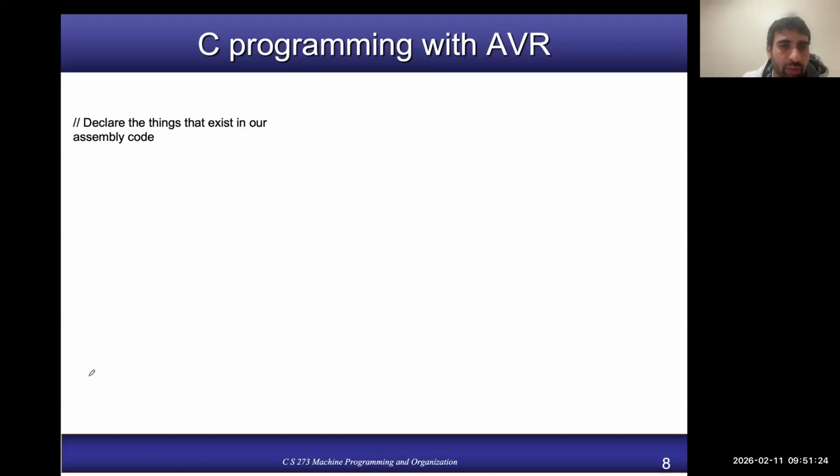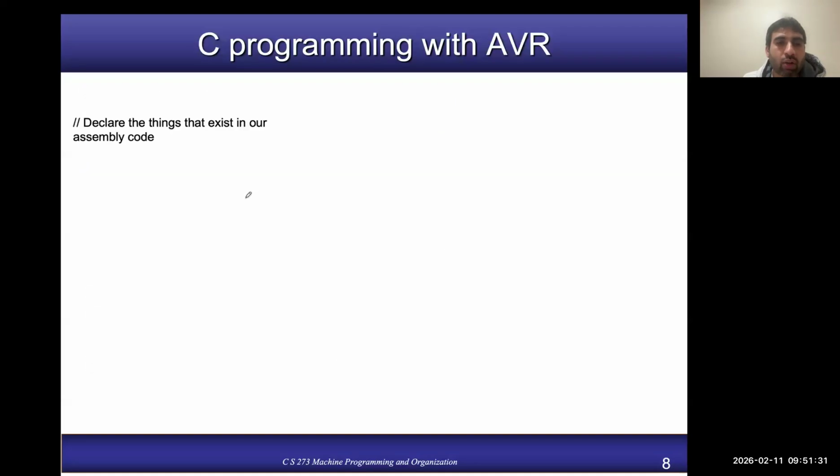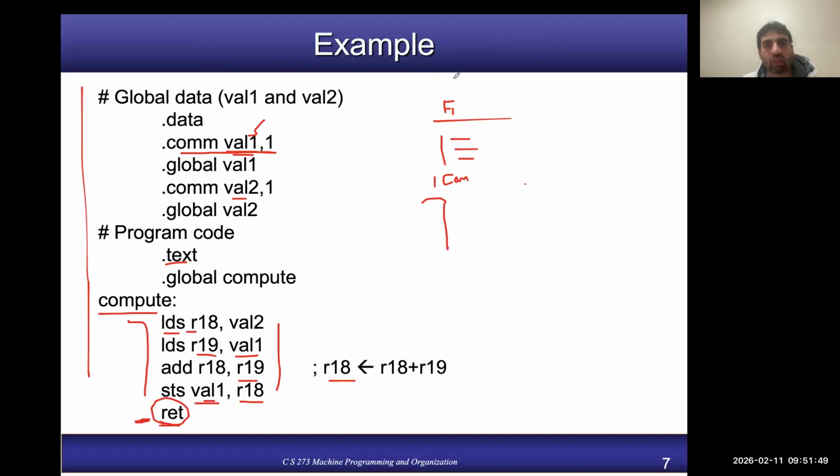So remember, in the previous file, we declared these variables val1 and val2, right? Now, when we write the code in C for the Arduino IDE, we'll be writing it in a .ino file. In this file we want to make use of variables val1 and val2, but they are not defined in this file. They are defined in the first file.